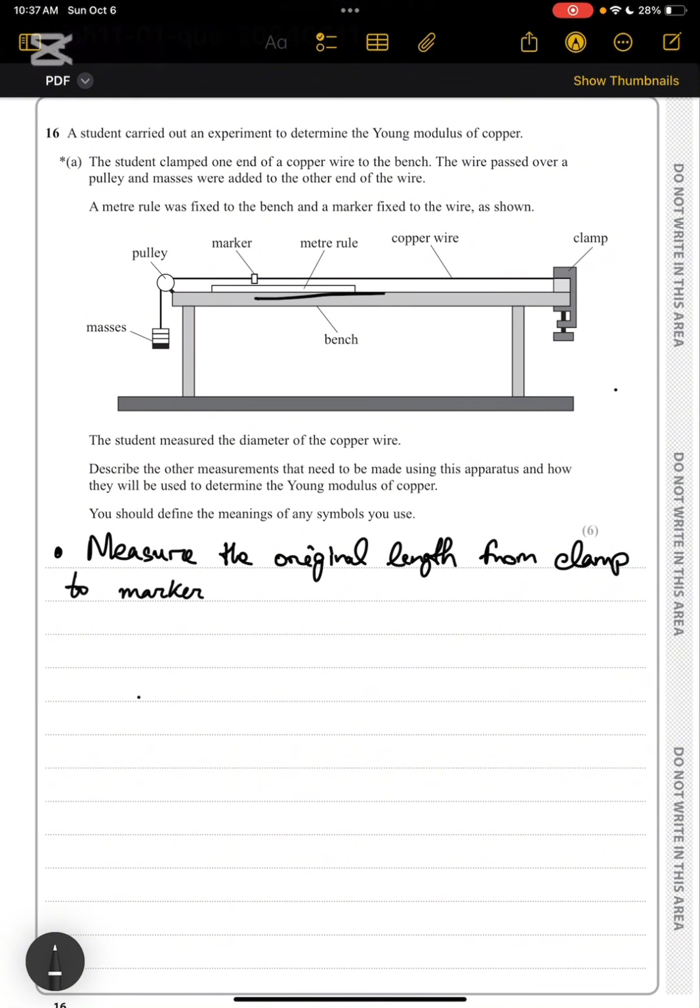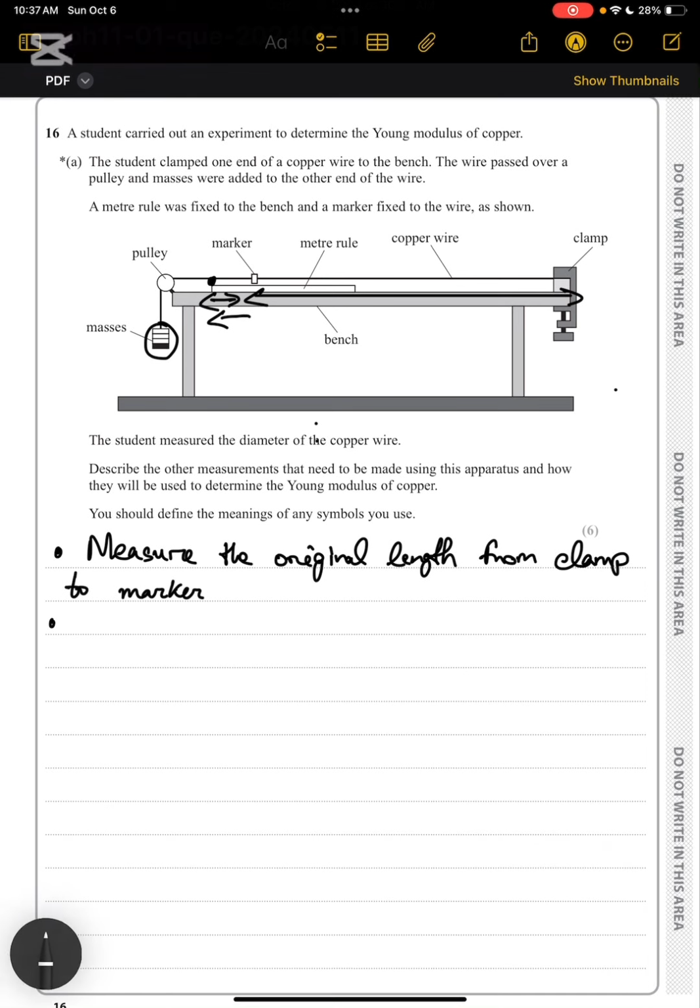This is the original length from the clamp to the marker, which we have to find out. And then later on, after the masses will be added, this marker will move into this position. Let's say it has moved into this position. This is the extension of the copper wire, which we have to also calculate. We have to mark that as well.